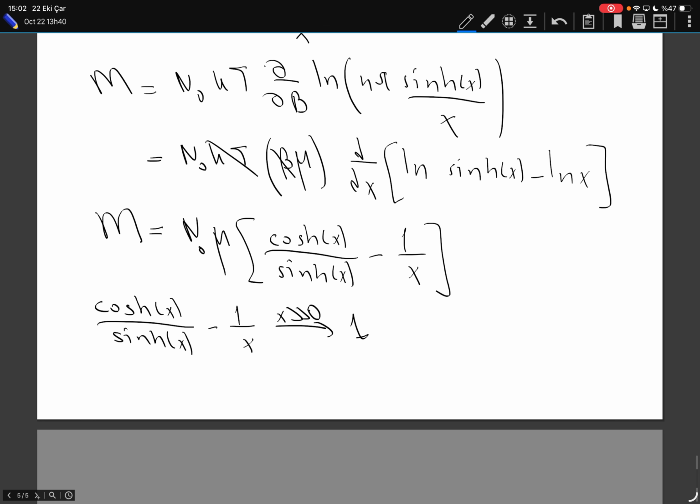And when x is very small, we had seen that this was 2 over x, right?